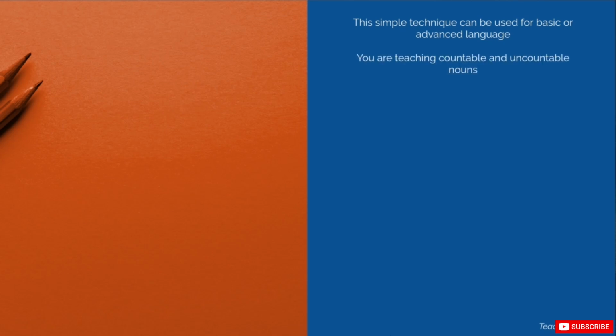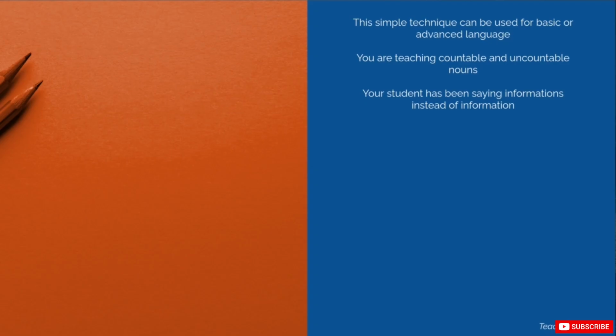And in this situation, we're going to imagine that we've been teaching countable and uncountable nouns to our student. That's the topic of the lesson. And as you've been going through this, you noticed on a few occasions, you've heard your students say informations instead of information, because information is an uncountable noun.